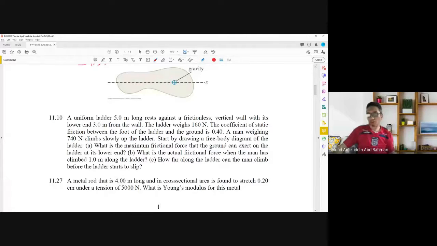For 1110, what we have is a uniform ladder of 5 meter long resting against a frictionless vertical wall with its lower end 3 meter from the wall.